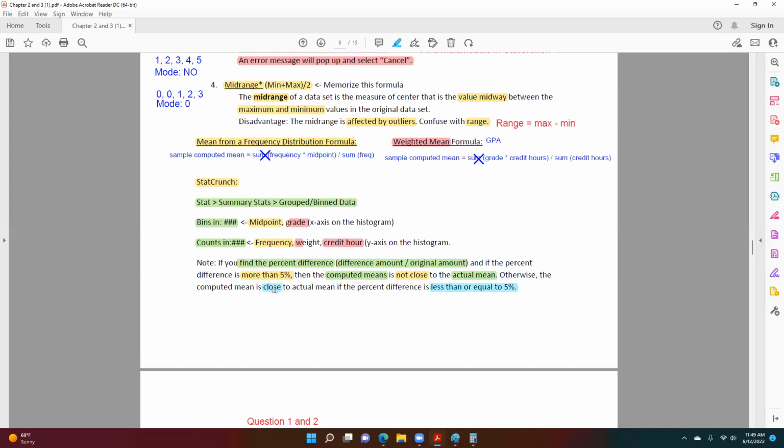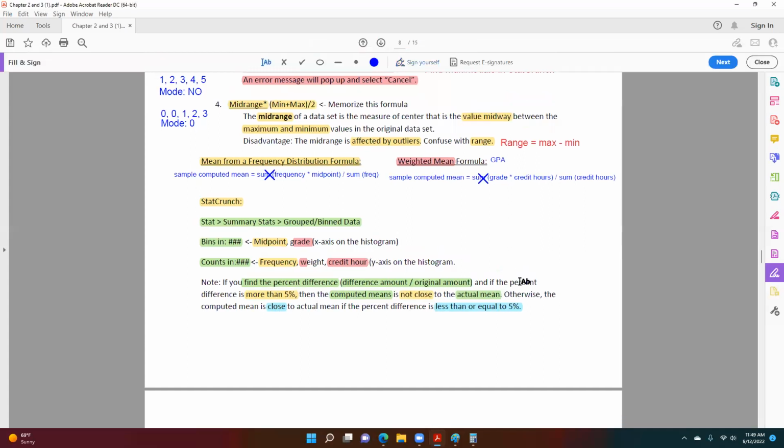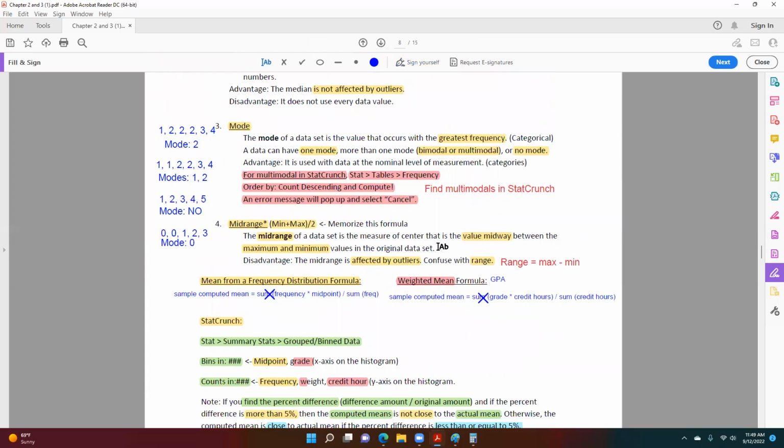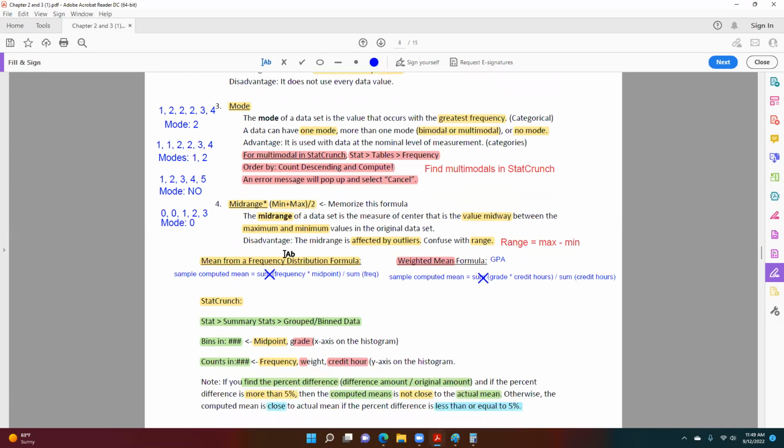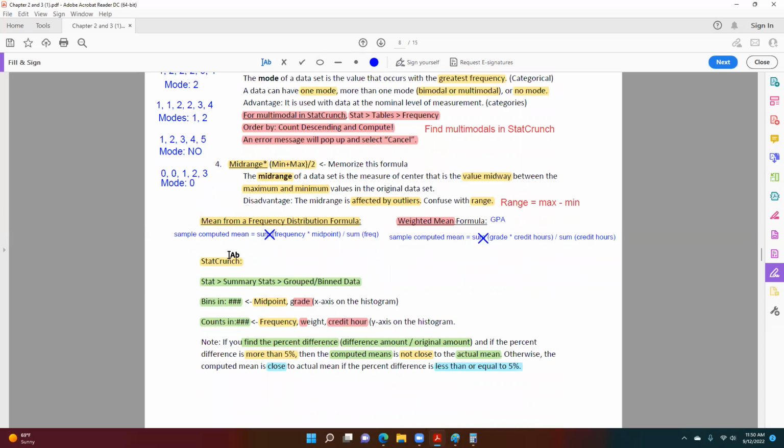What is most important to know in this section 3.1: one, make sure you know how to find these four different measures of center using StatCrunch. Two, these formulas you have to memorize, which is the mid-range. And three, we will use StatCrunch to find the frequency distribution, the mean for the frequency distribution, and the weighted mean.